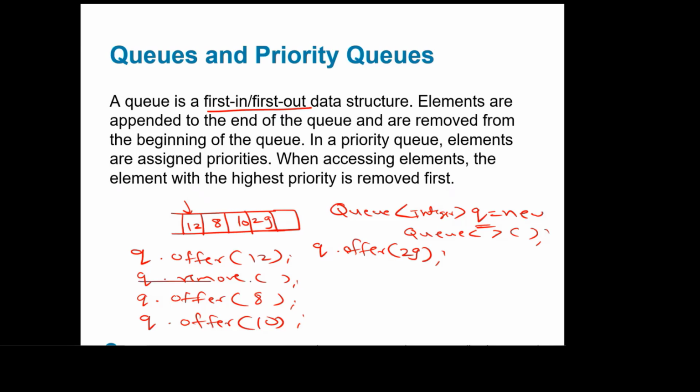Now, if you say queue.remove, it will remove the first element which was entered, which is 12. So after queue.remove, now our queue will have 8, 10, and 29.